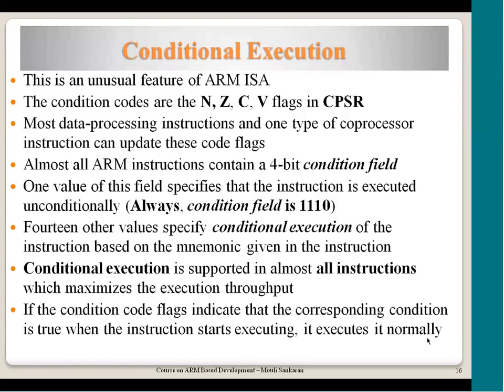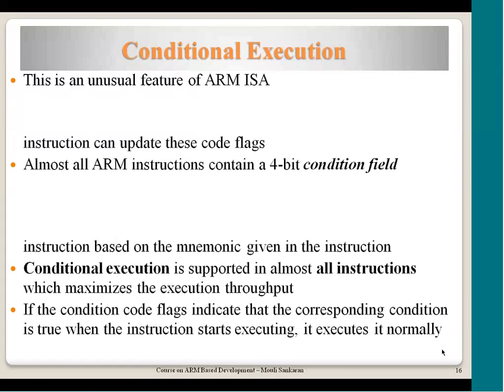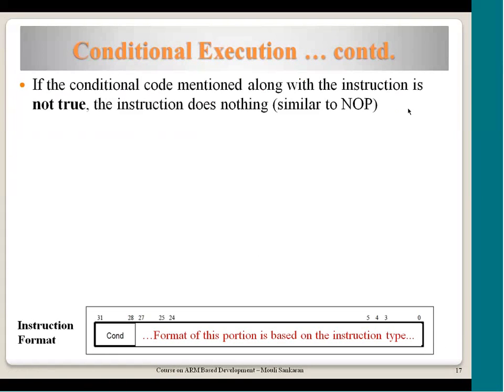Otherwise, when that instruction comes to the execution stage, it will check the code flag, and if it matches the condition, then it will execute normally. Otherwise, it will be a no op. No op means it is just skipped, so nothing happens. One cycle gets wasted, but no changes to the CPSR or any other register content of the processor.